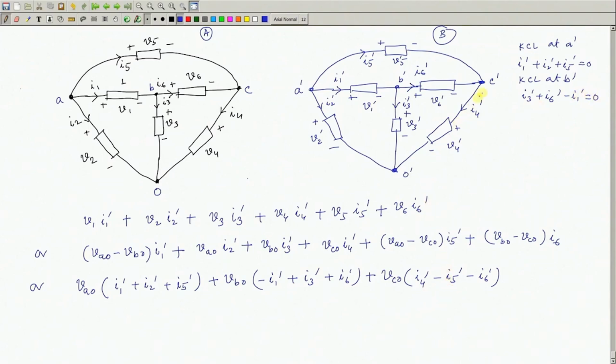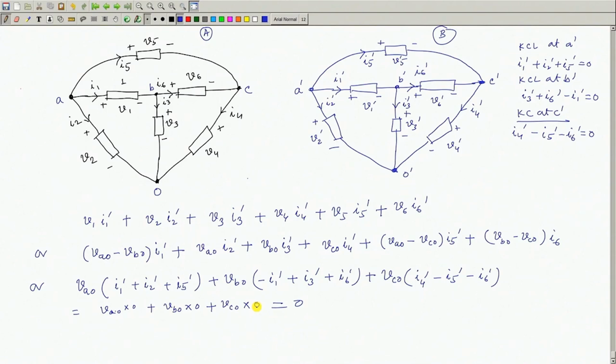And KCL at C dashed will be how much? I4 dashed minus I5 dashed minus I6 dashed is equal to 0. Therefore, this sum is equal to V_A0 into 0 plus V_B0 into 0 plus V_C0 into 0, and this has to be 0.